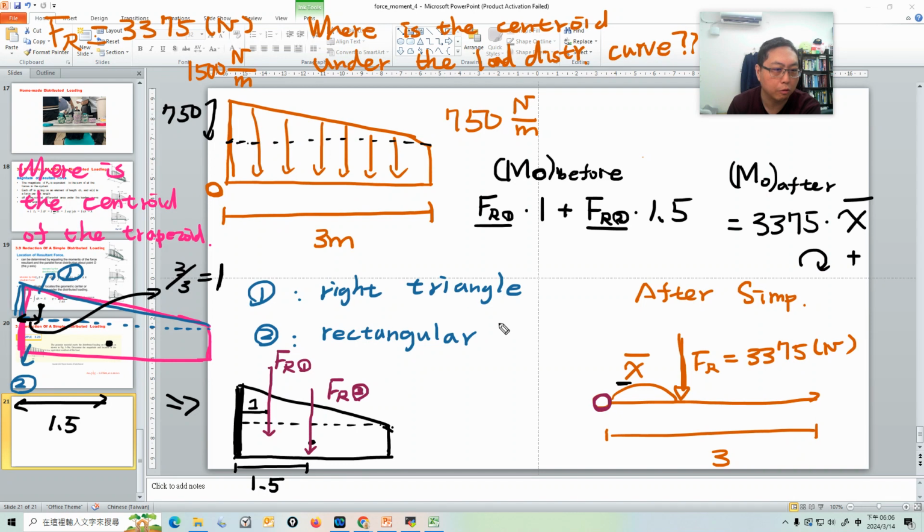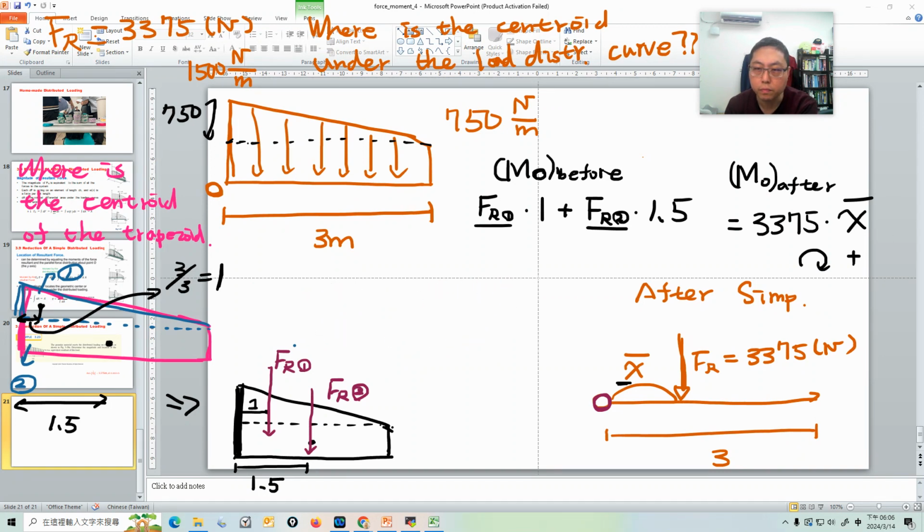So let's solve. FR1 is equal to the area under the curve, so it's 750 times 3 divided by 2.